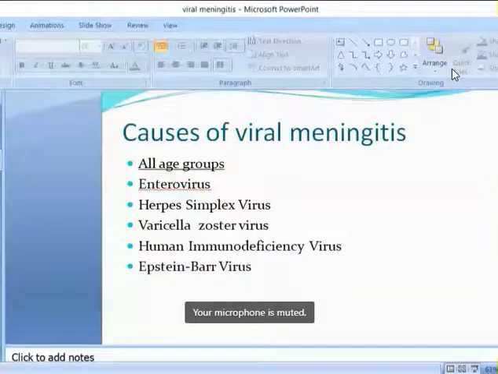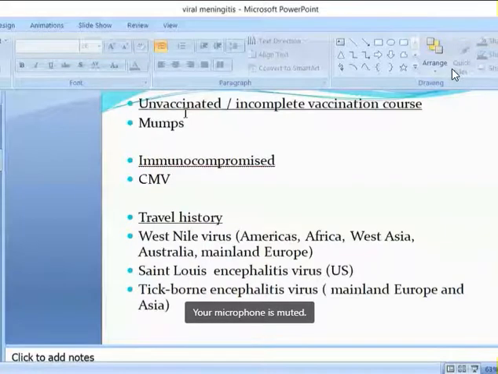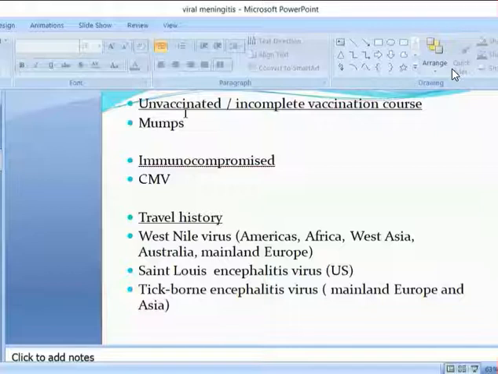Then, depending on the population, whether the population is vaccinated or unvaccinated or incompletely vaccinated, mumps can still be the common cause of meningitis in such a population that is not vaccinated or incompletely vaccinated against mumps.